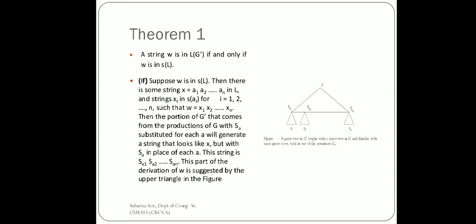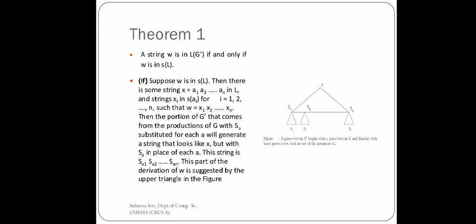So now see, a string W is in L(G dashed) if and only if W is in S(L), right? What does S(L) mean? After using the substitution for each and every symbol A which belongs to sigma, we will come up with a language S(L). So W, whatever the original string is, will be in the newly generated grammar's language if and only if it is in S(L), right?